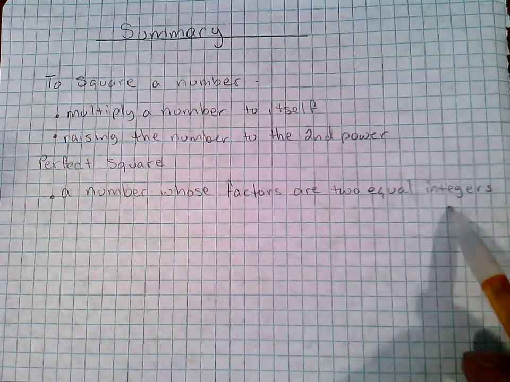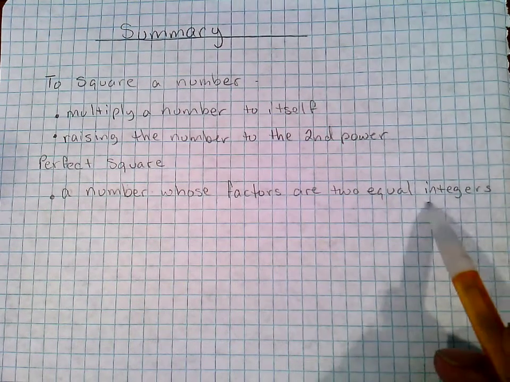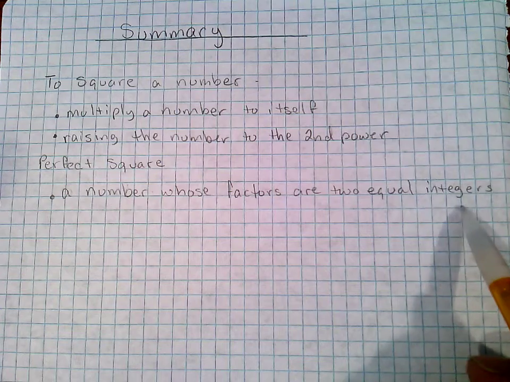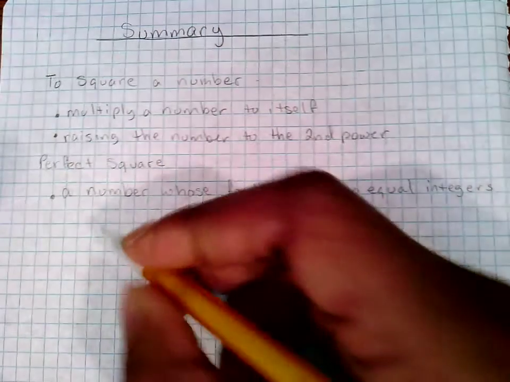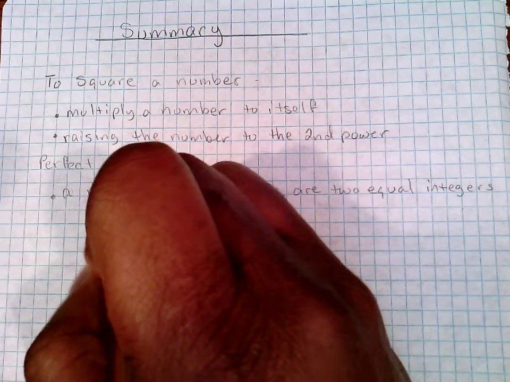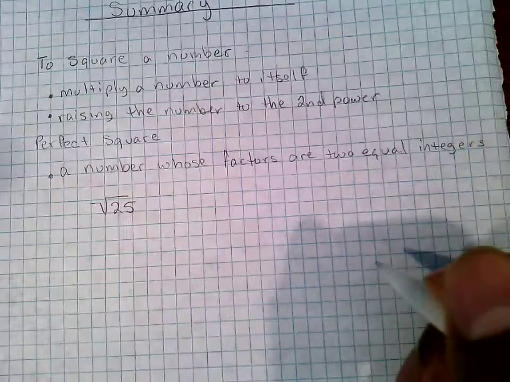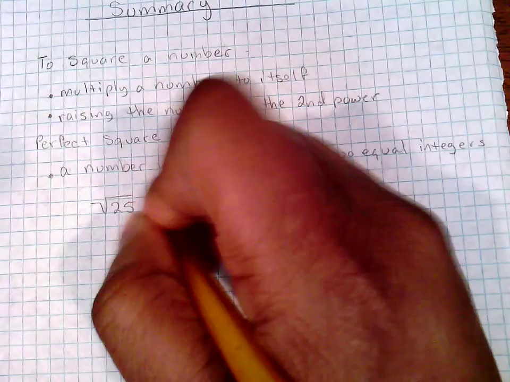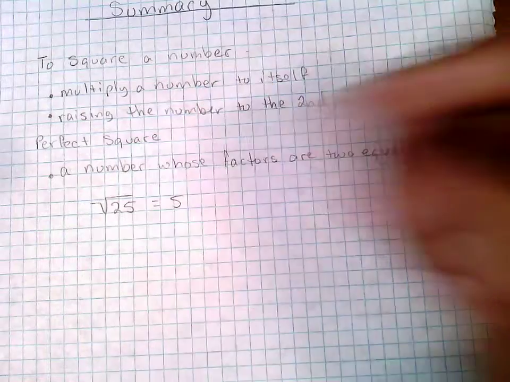So, if we're talking about integers, then we also mean we're talking about positive and negative numbers, which means that if we go back and look at the square root of 25 per se, we saw that our result is 5.